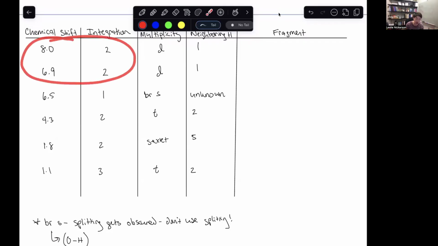Again, thinking back to our fragments video, if we're looking at something that's a chemical shift in the 8 to 7 region and we're integrating to 2, it is probably not going to be a CH2. It would be very, very hard for a CH2 to be in that chemical shift region because those are both aromatic.